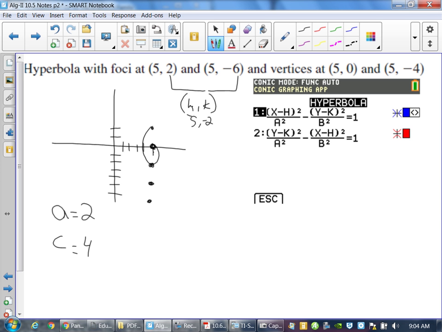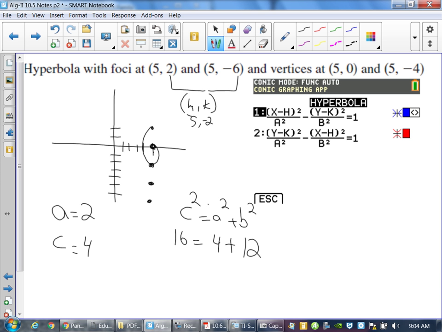It's a minus sign between the two, so C squared is going to be A squared plus B squared, very good. So we'll have 16 is 4 plus what? 12. So our B squared is 12.